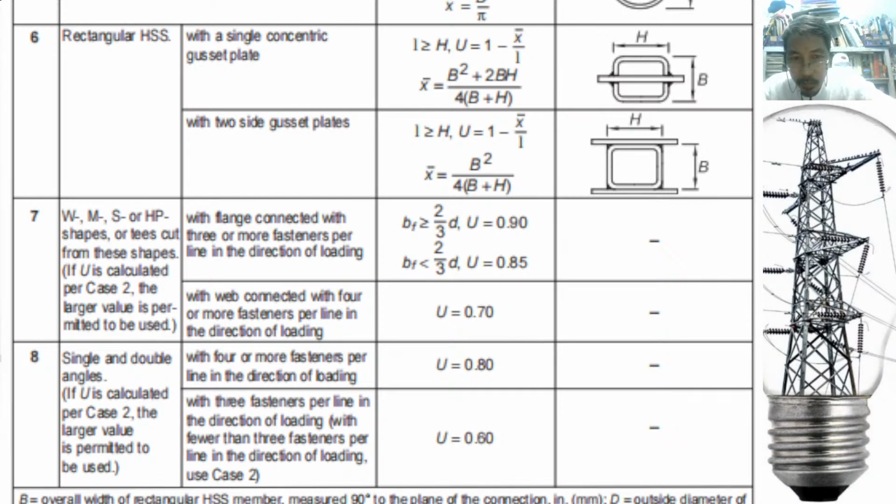For 4 or more fasteners in the direction of loading, use 0.8. Since we have exactly 4, we have to use 0.8.